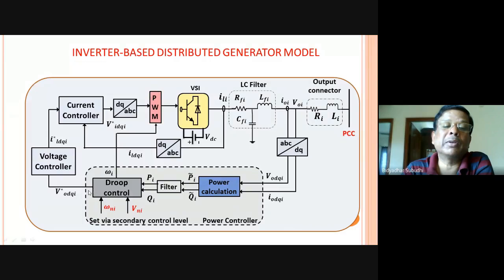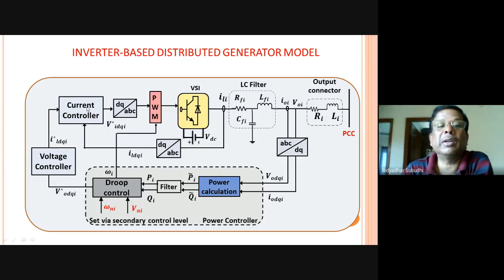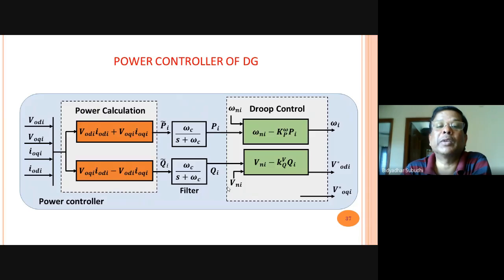Once you do that, that gives a reference signal. The voltage reference signal is used to design a voltage controller and then a current controller, and accordingly we drive the PWM signals to control this VSI. So this is the power controller that is being designed for the microgrid system.